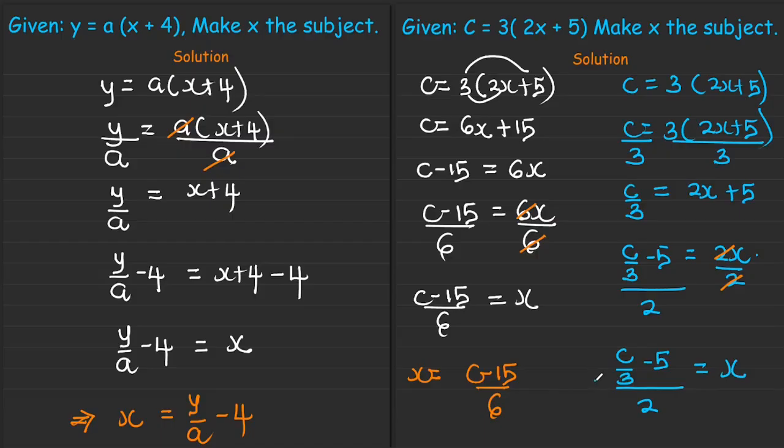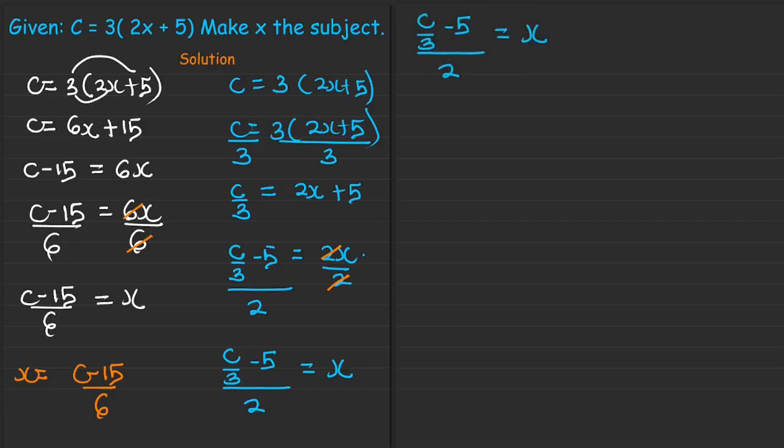Now, are they the same? What do you think? We'll need further simplification of this term to verify if they are the same or not. Working first on the numerator, we have c over 3 minus 5, and we know 5 is over 1. And take note, they are all over 2.